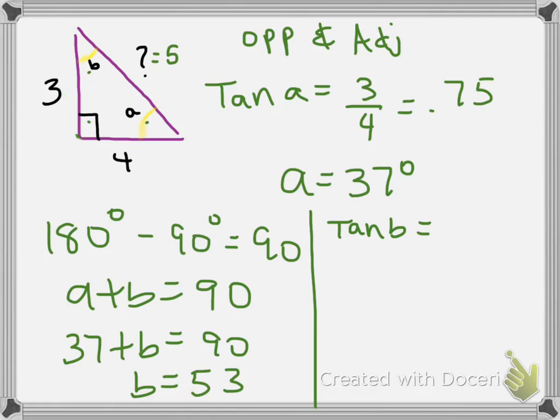So we're going to have 4 over 3. If you put 4 over 3 into your calculator, you're going to get 1.33 repeating. And now you're going to go to your chart and look up that on tangent. And when you do that, you should get that the b value is 53.